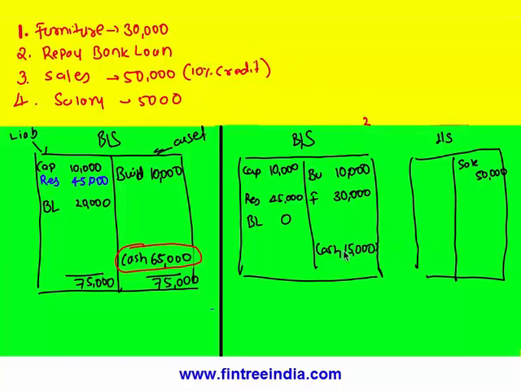So cash would be 60,000. But then how about remaining 5? Accounts receivable 5,000. Then salary 5, which is an expenditure. What should be the second effect? Cash will reduce. So now cash is 55,000.